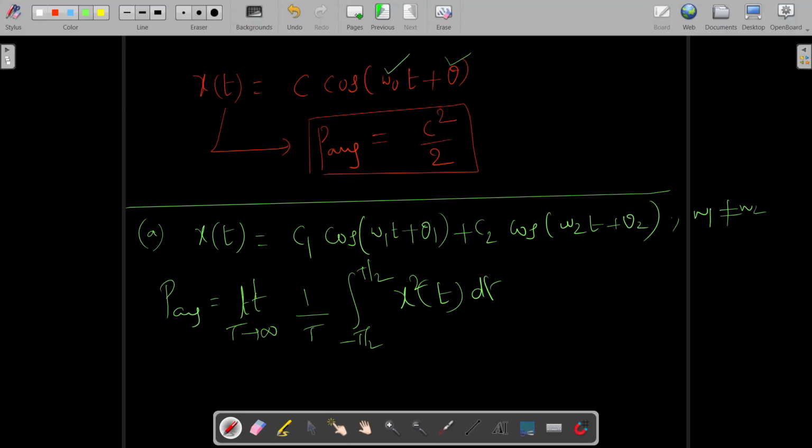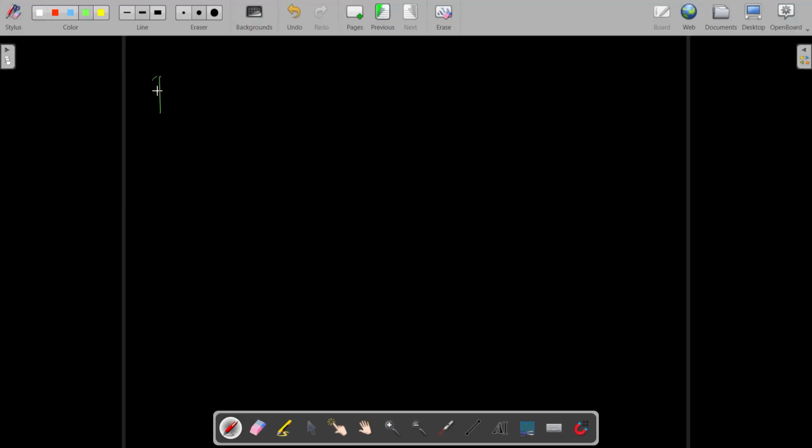Let us go to the next page. Average power is equal to limit T tends to infinity, 1 by T, integral minus T by 2 to plus T by 2 of x square.